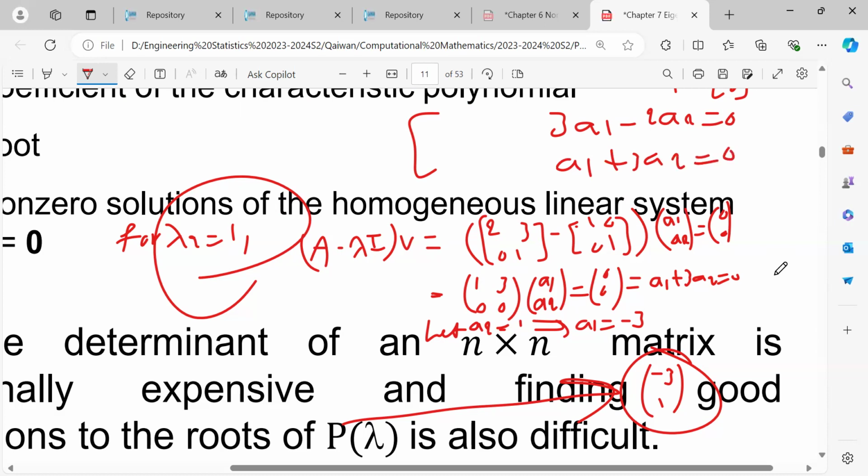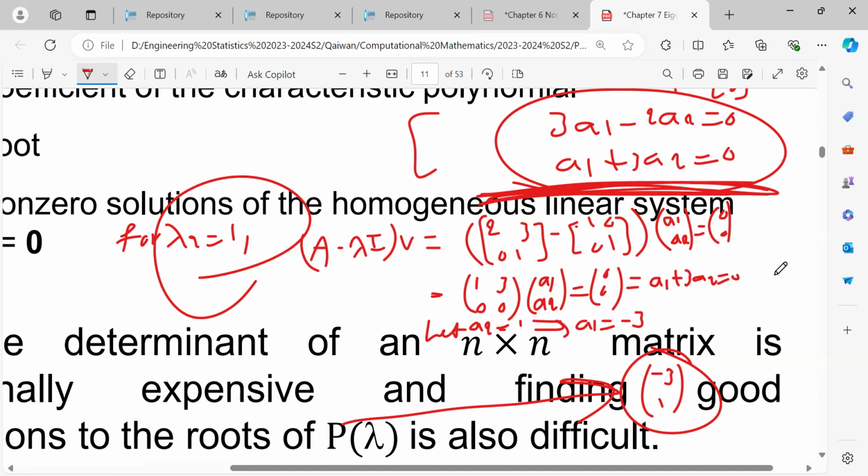In this case, you have to solve this system, and you could use any method: elimination, substitution, Gauss elimination, Gauss-Jordan, Cramer's rule. Did you study Cramer's rule? No, you haven't studied. Inverse, LU decomposition. Any of these methods could be used, but the easiest one is substitution or elimination. Solve these two equations simultaneously to get the values of A1 and A2.